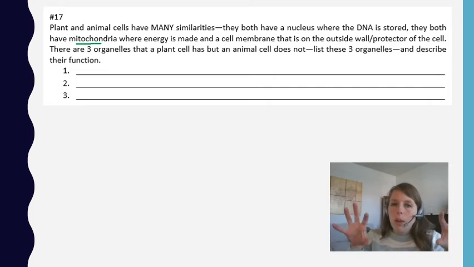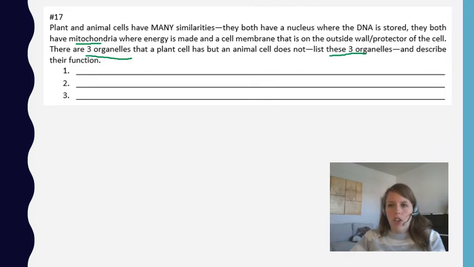Okay, so those are similarities, but there are 3 organelles that a plant cell has, but an animal cell does not. List these 3 organelles and describe their function. So let's start with the 2 that we talked about on the last slide. Do you remember? The first one we talked about was a cell wall.